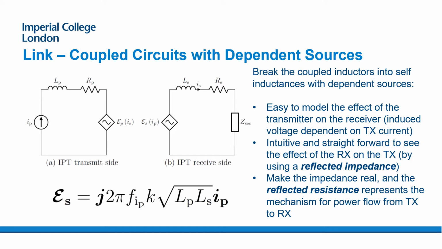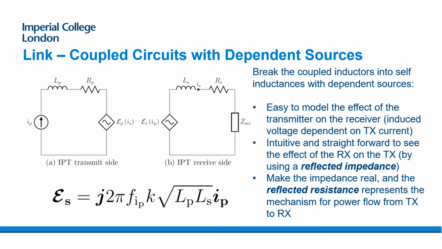And of course, that is exactly the mechanism by which we're transferring power back and forth from one side to the other. So here we're breaking the coupled inductances into self-inductances in series with some coupled sources, epsilon P and epsilon S, where epsilon P is a function of the secondary current and epsilon S is a function of the primary side current.